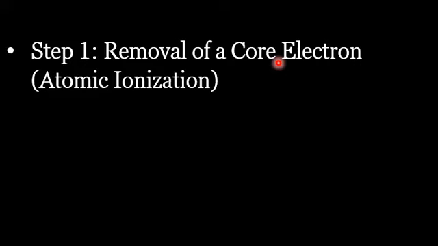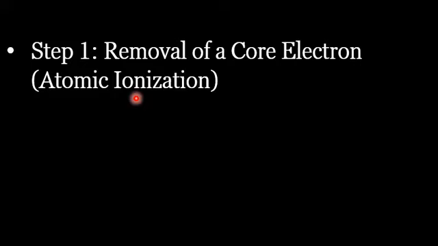This first step of removal of the core shell electron is known as atomic ionization, which means that an atom is ionized because an electron is removed from the atom's core K shell.